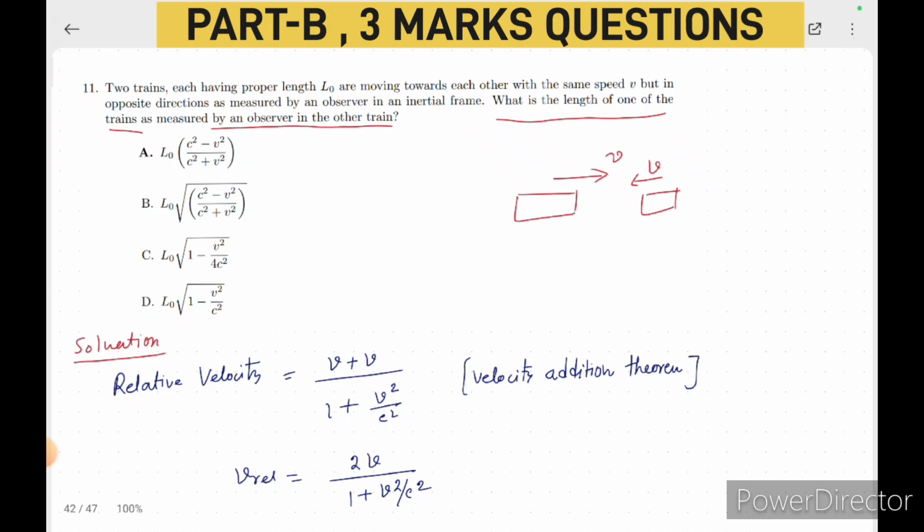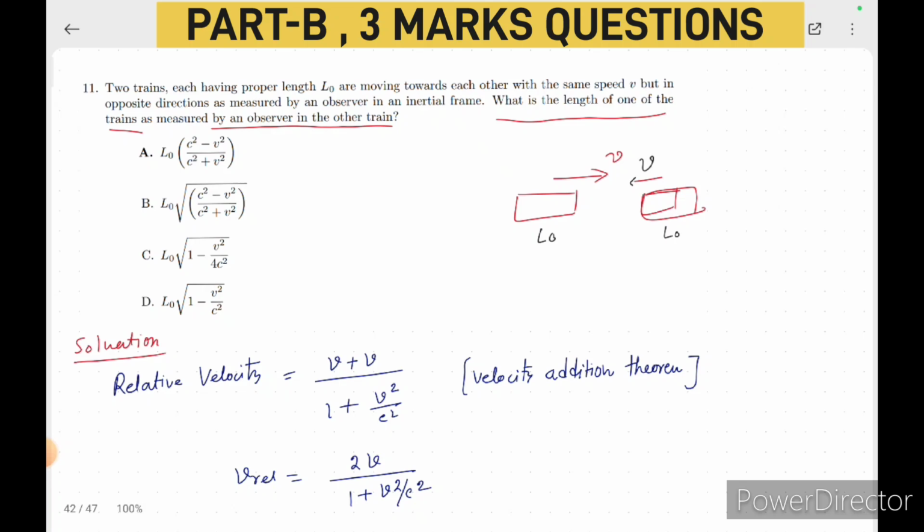The two trains have the same length, the initial or proper length L0, and they are moving towards each other with velocity v. So we are trying to calculate the length of one of the trains as measured by the observer in the other frame.